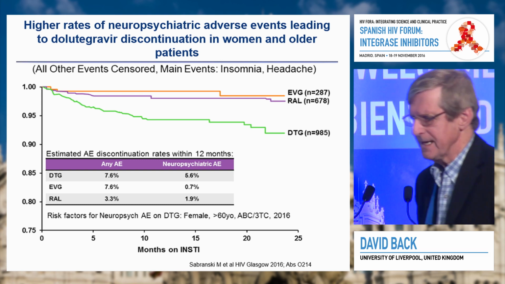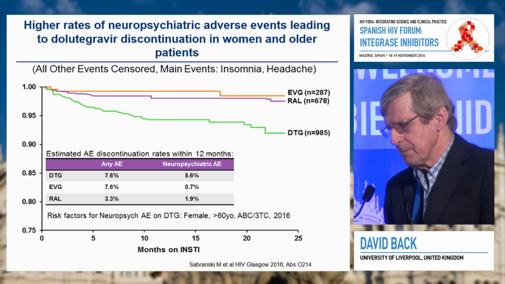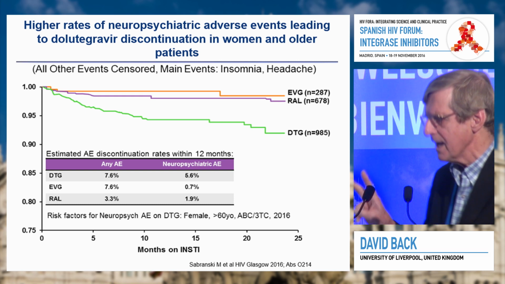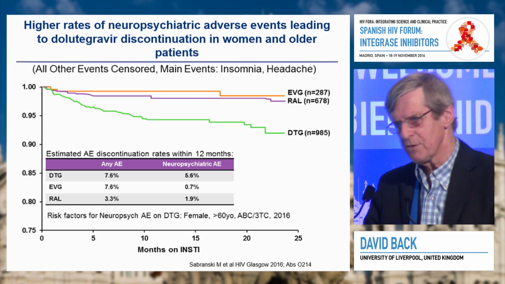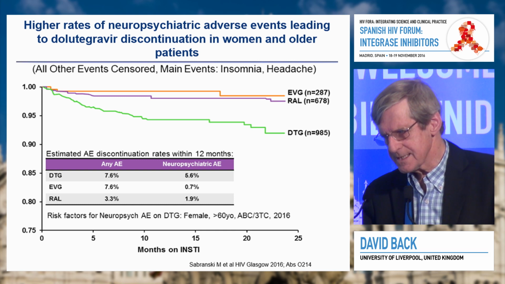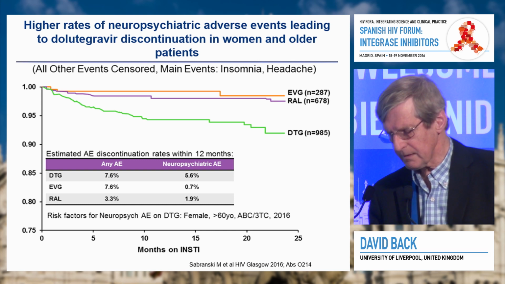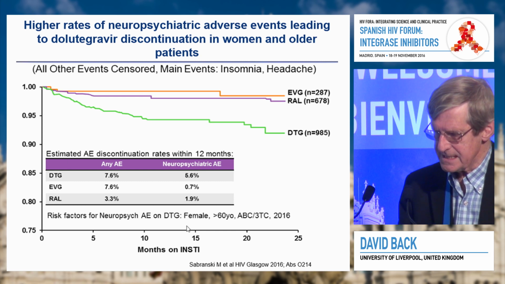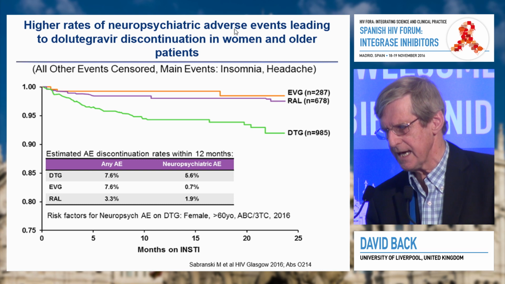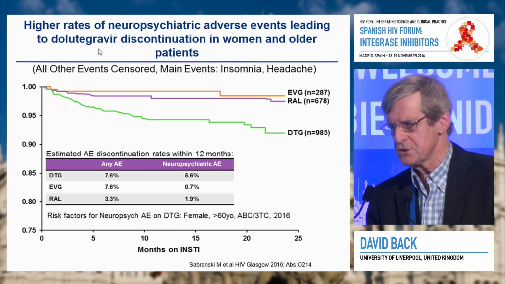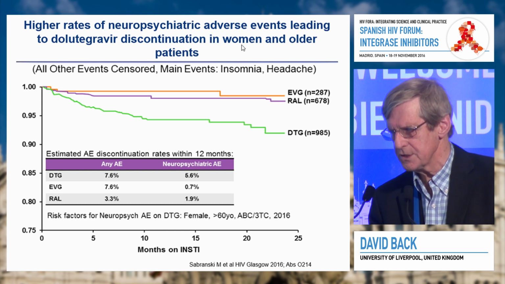The second aspect, and I really potentially open up a can of worms, I guess, with two slides from Glasgow. And the two slides are relating to neuropsychiatric effects. And this slide was data from a German cohort of higher rates of neuropsychiatric adverse events leading to Dolutegravir discontinuation in women and older patients.